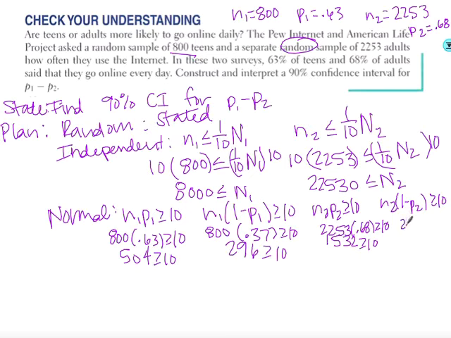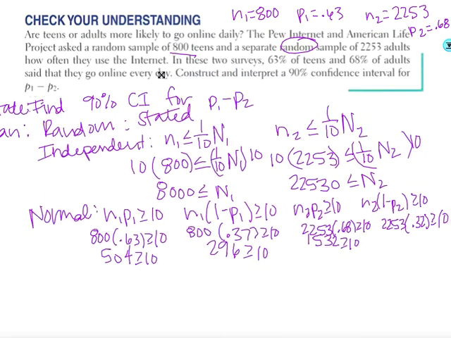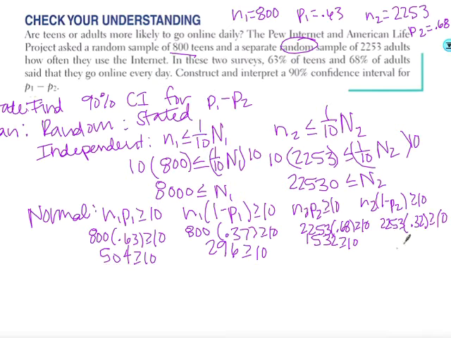So then for N2 times 1 minus P2, you'd have 2,253 times 0.32 greater than or equal to 10. That would give you 721 greater than or equal to 10. So we would say, thus, approximately normal.